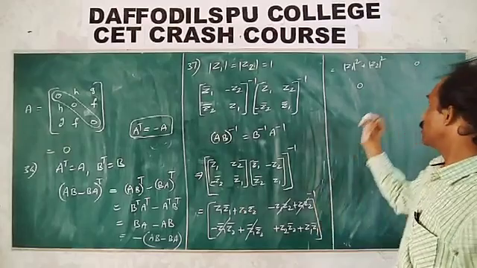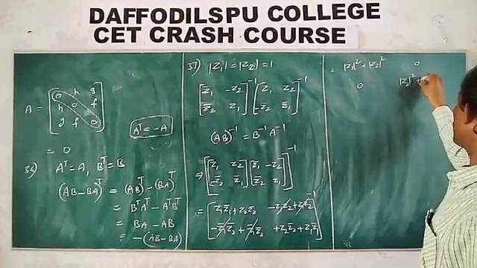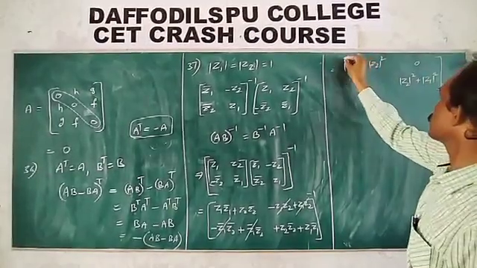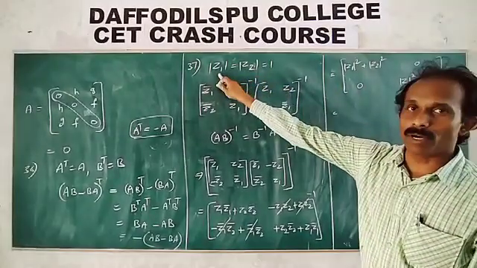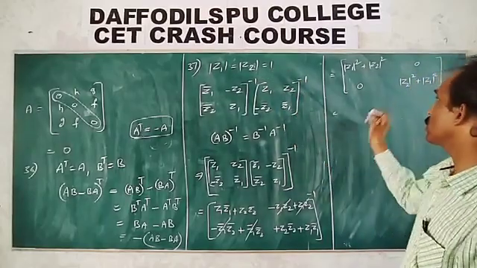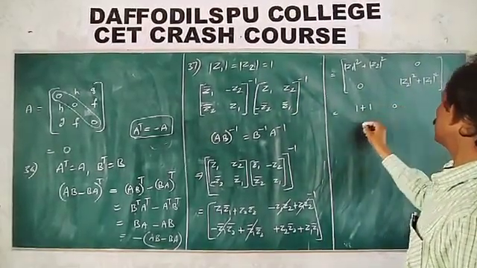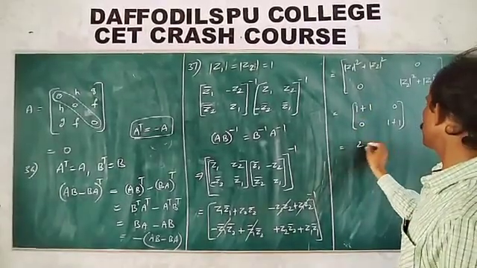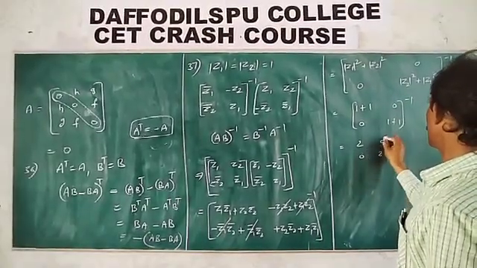Z2 into Z2 bar is mod Z2 square, plus mod Z1 square. Given two unimodular complex numbers Z1 and Z2, that value is equal to 1. Therefore 1 square plus 1 square, that is 1 plus 1. This value is equal to 2, 0, 0, 2, whole inverse.